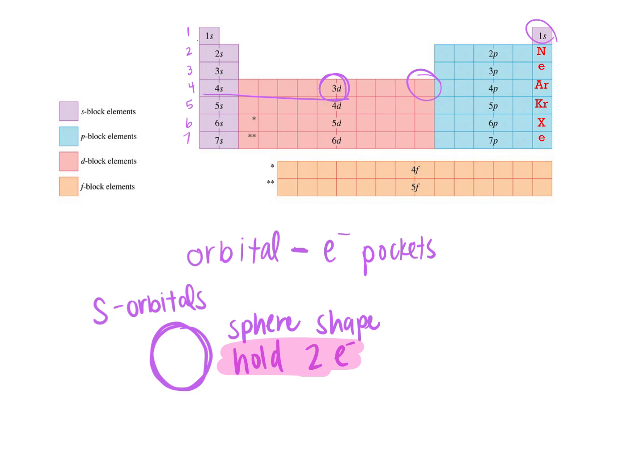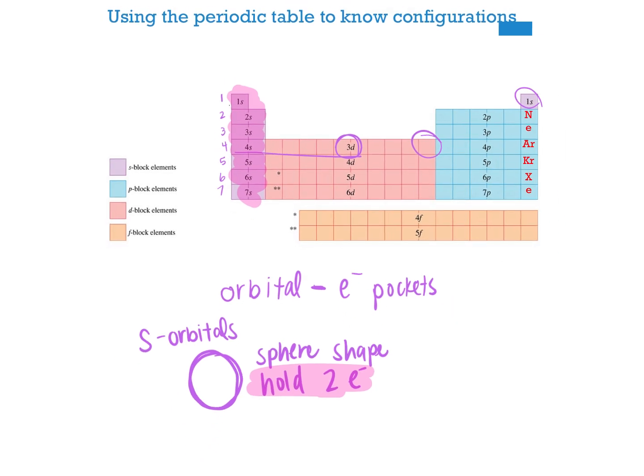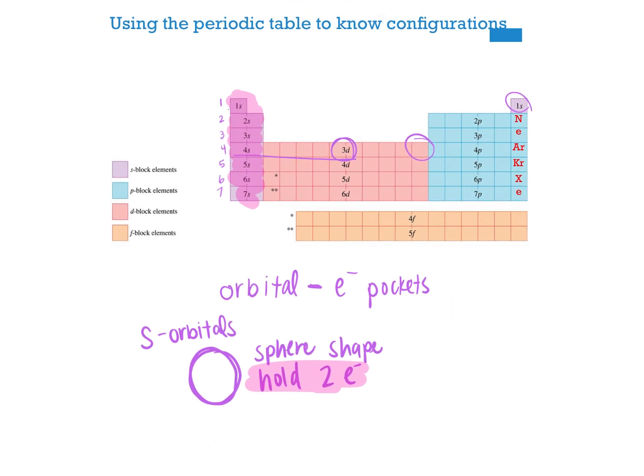And if I forget that, I can look up at the S block and say, oh, there's 2 groups found in the S block. So 2 right there tells me it can hold 2 electrons. You see what I'm saying? 2 groups located in the S block, it can hold 2 electrons. Okay? All right.